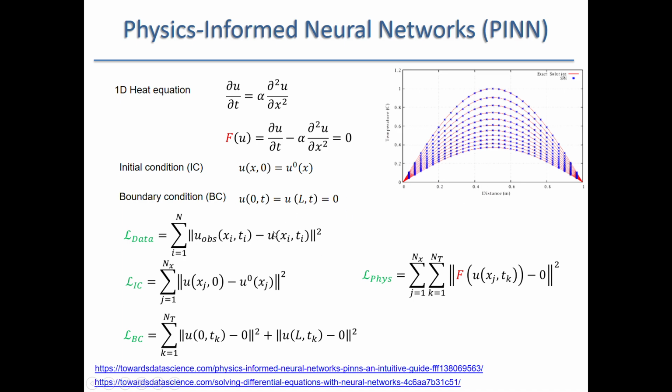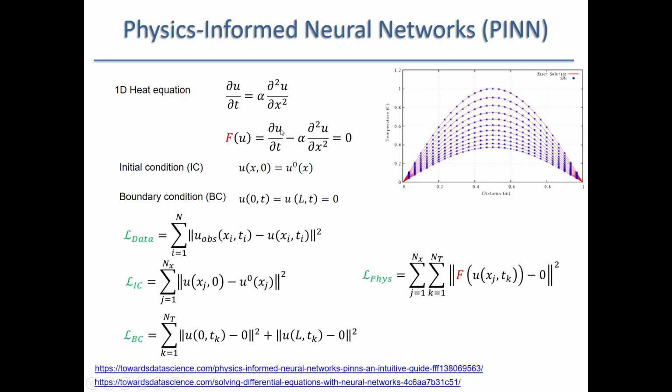So this is our prediction, this is our measurements. Then we have the initial conditions, so there is a loss for respecting the initial condition. There is another loss respecting the boundary conditions. And this is the most important one: that is how the physics, we know how the physical system behaves.